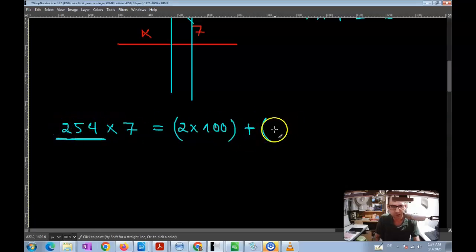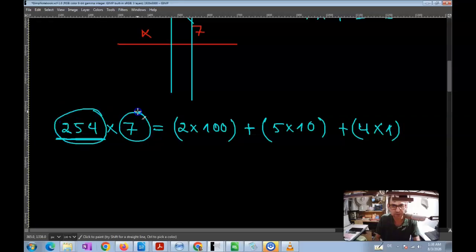Then this 5 is 5 times 10, because the 5 is in the tens place value. And then this 4 over here is 4 times 1, because the 4 is in the ones place value, right? And you're multiplying this whole thing by 7, right?